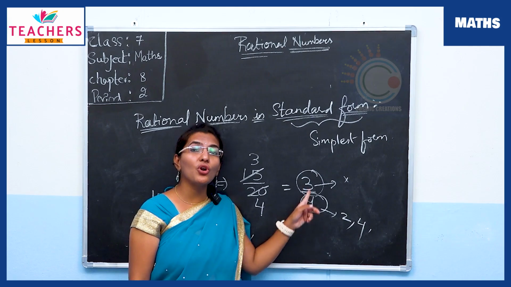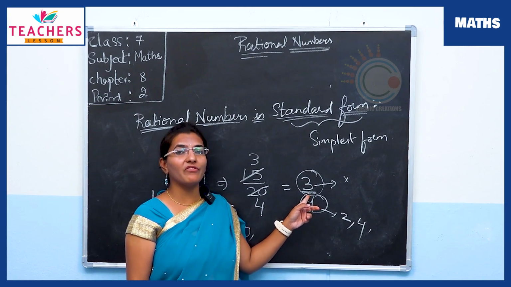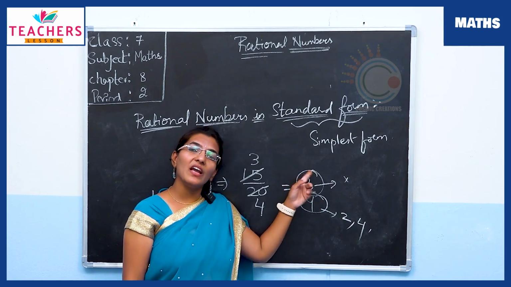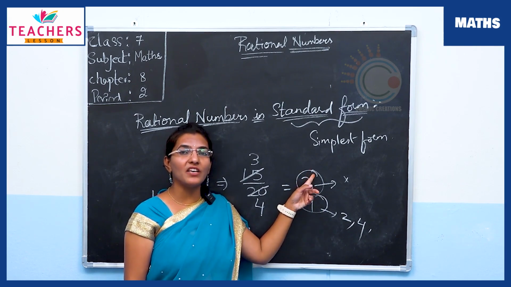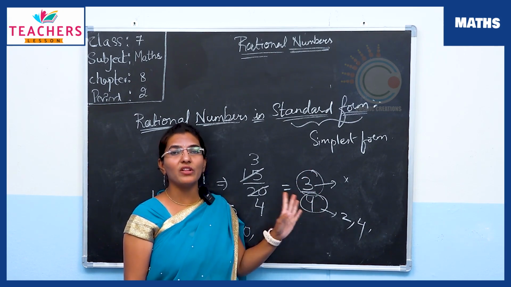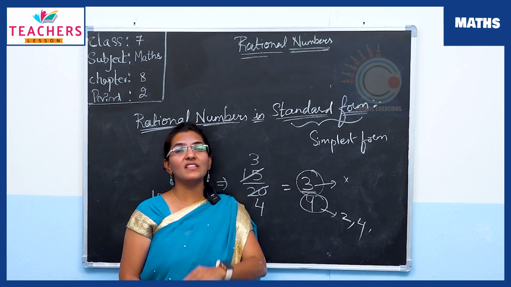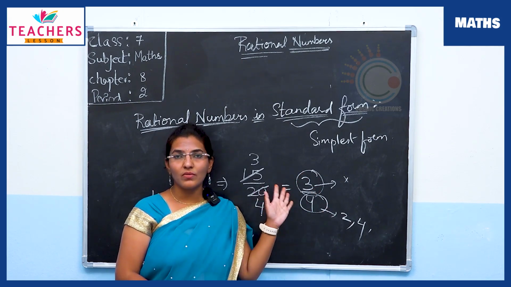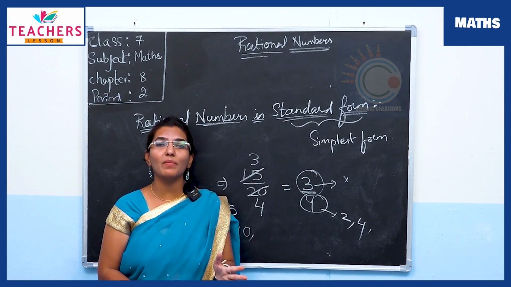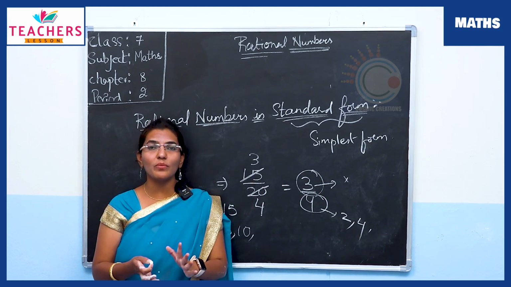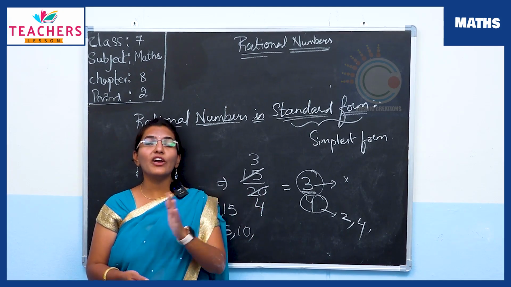Sorry. Either the numerator or the denominator can have more than one factor. So, till then you have to say that it is in the standard form. So, understood, right? So, standard form is nothing but, so both the numerator and the denominator contain, yes, a common factor.